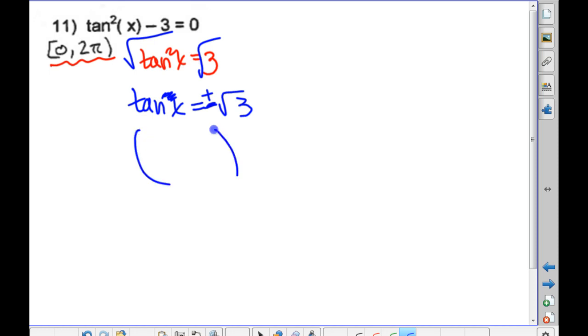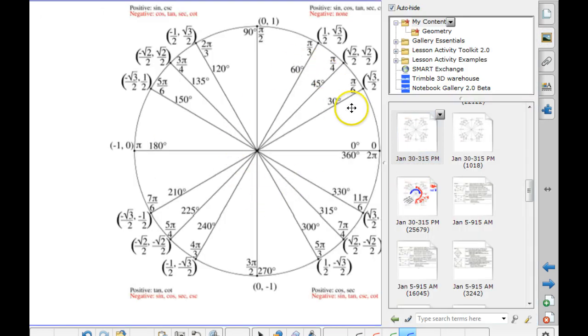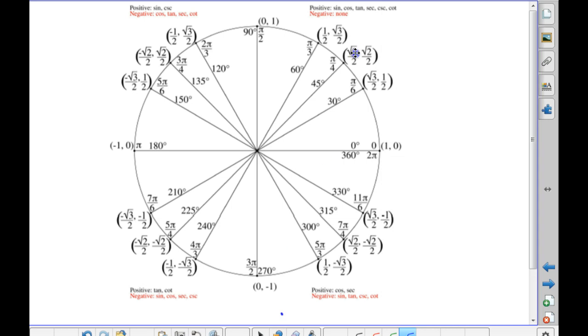Now, what am I looking for in an ordered pair if I want the tangent to be square root of 3? The ordered pair would have to have, so when I put the y over the x, I get square root of 3 over 1. But it could be plus or minus here or plus or minus here. So where is the tangent square root of 3?